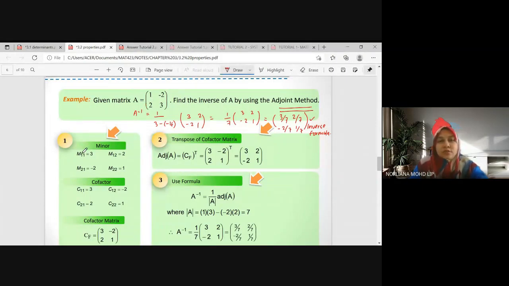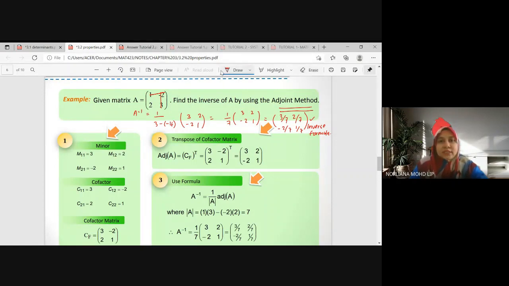Okay, so for the minor M11, we eliminate the first row and first column. So it's equal to 3. M12, we eliminate the first row and second column, so you get 2.